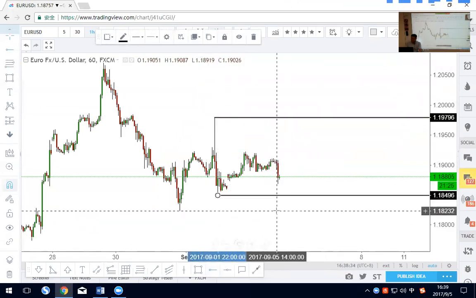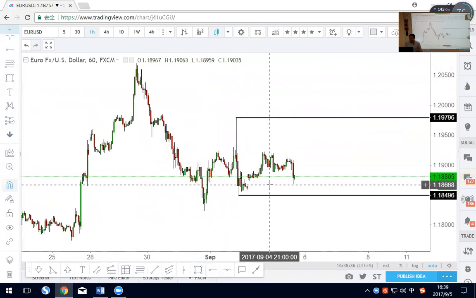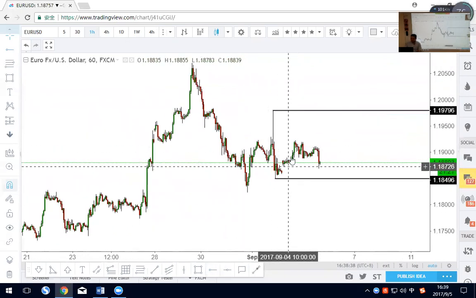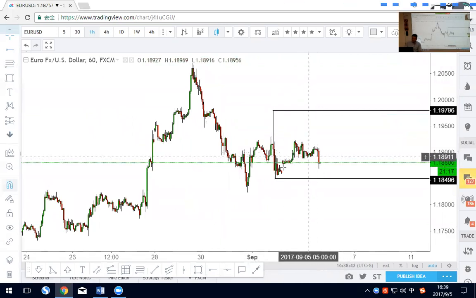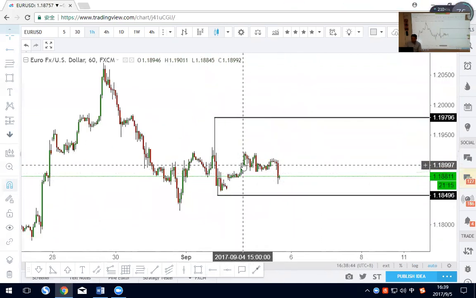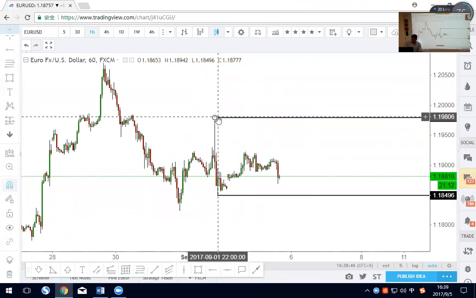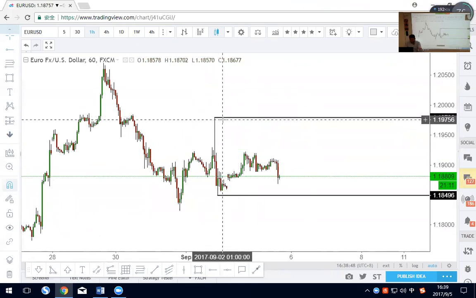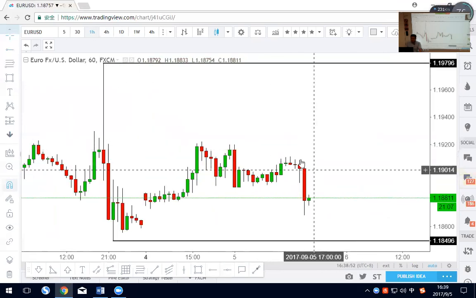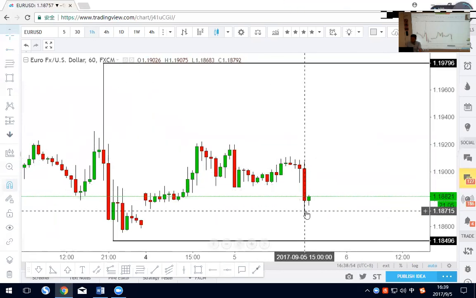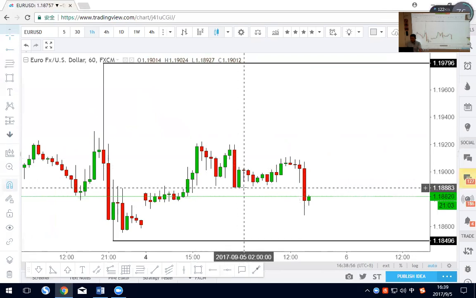But what we can feel is that the buyers are actually losing power, because it's trying to push the price higher, but it cannot go above 1.1975. And then in the last 1 hour, the euro actually fell down quickly and broke an important support.